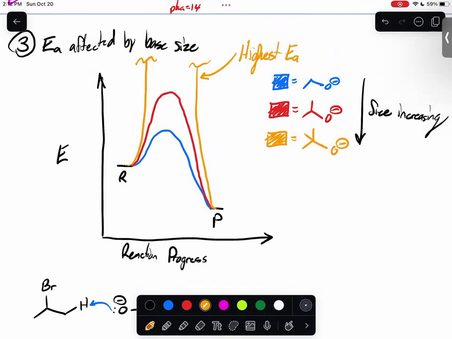And we know based on SN2 that sterics also cause a big difference. So essentially, since the base here is sterically bulky, our transition state is crowded and unstable.